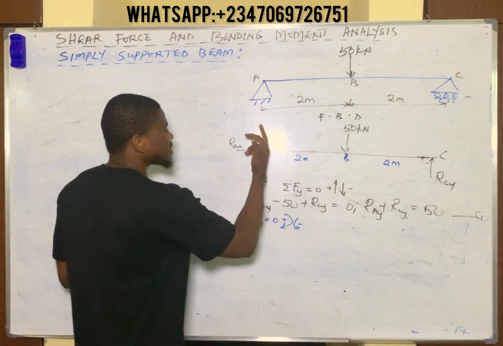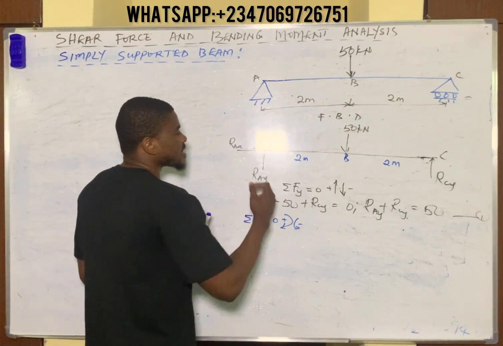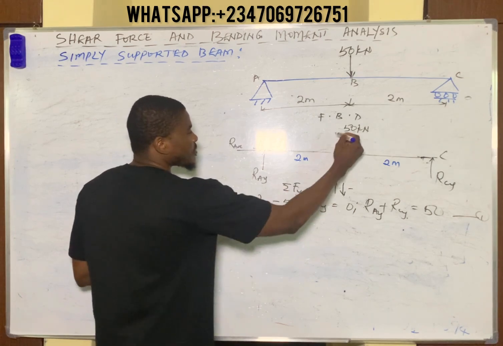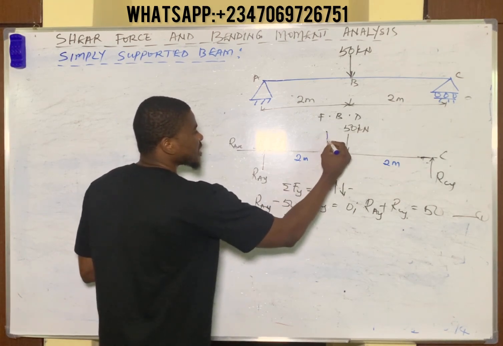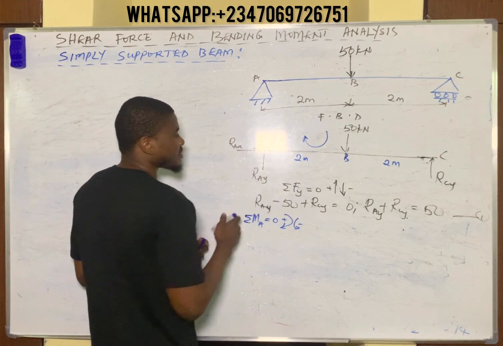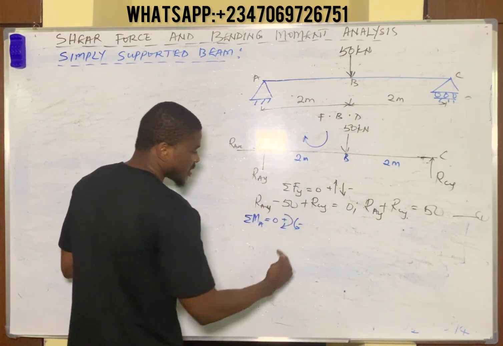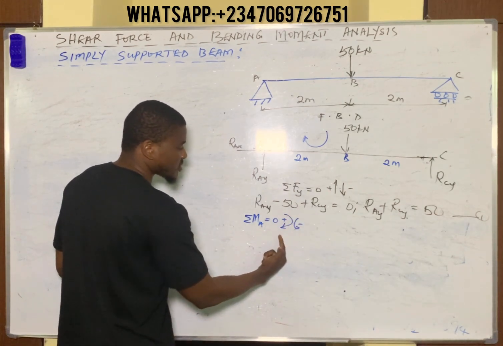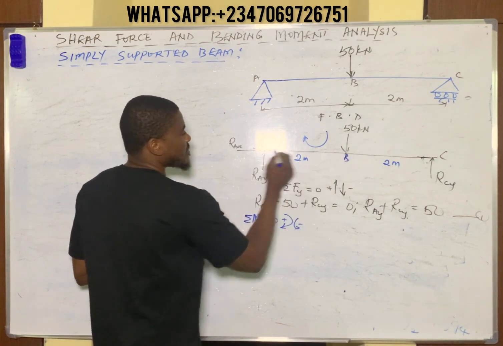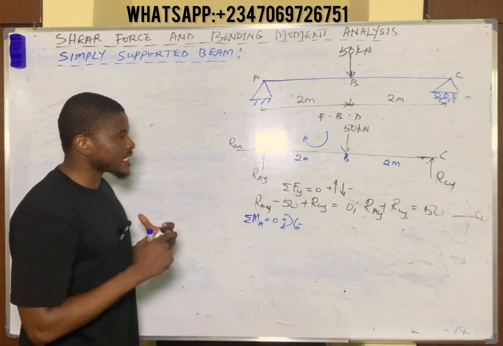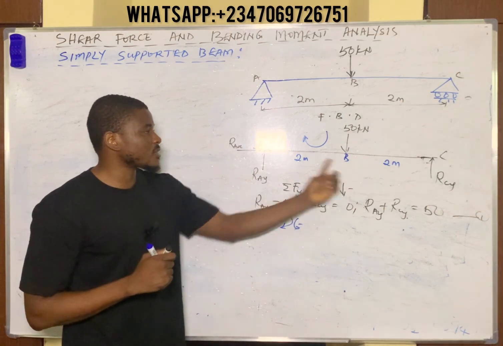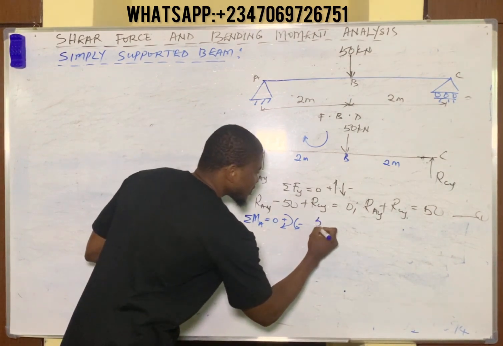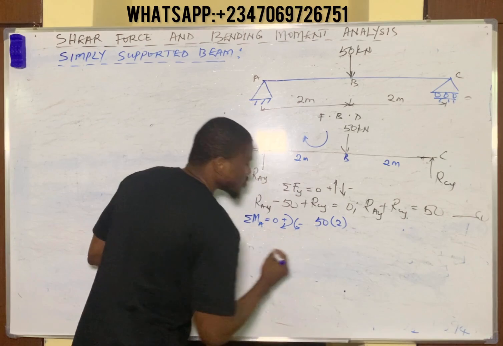Now the moment of the 50 kilonewton force about this point: this force is pointing downwards, so it will turn in this direction, which is clockwise, and we said let clockwise moment be positive. The perpendicular distance to point A is 2 meters. Therefore, the moment of that force becomes 50 multiplied by 2.